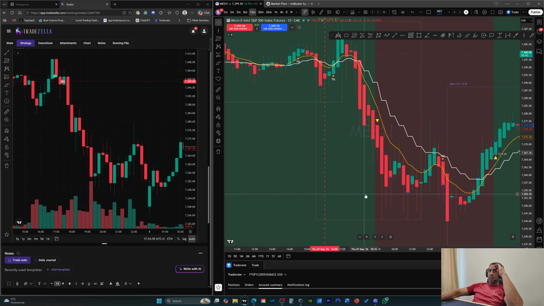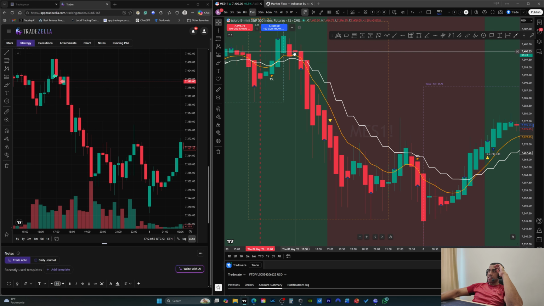This entry, 1630. I entered over here, and I was up for a little while. You can see it went up a little bit, then it went against me, and I closed it right away. I think I closed it on this candle, once this Heikin candle closed below the moving average, the body itself closed below it.